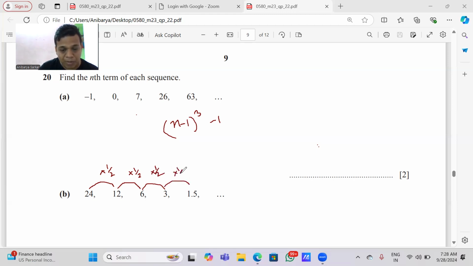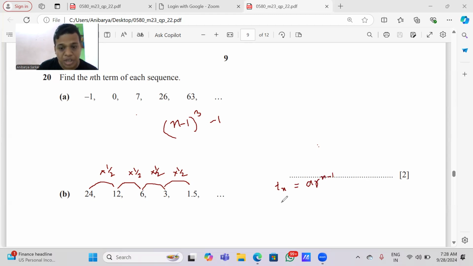So whenever we find multiplication, we will apply geometric progression to solve. And according to the geometric progression, nth term equals a r to the power n minus 1.